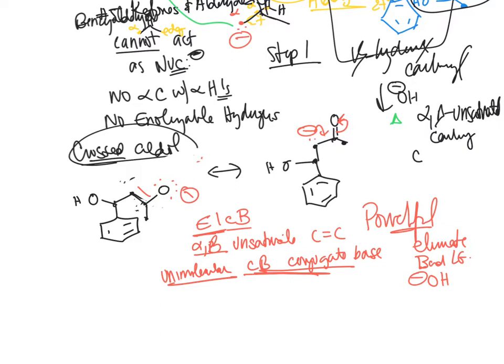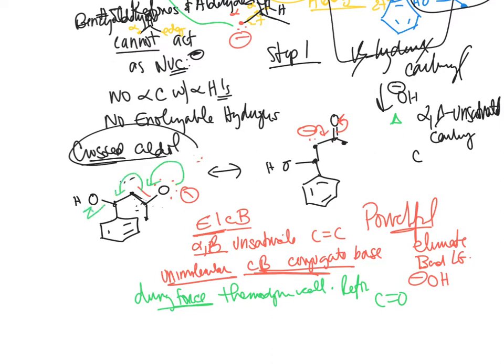It's that powerful. So what happens is the driving force is thermodynamically to reform the carbonyl. Okay, that's such a downhill thermodynamic driving force. So the electrons will move here, this will kick here, and this will leave.